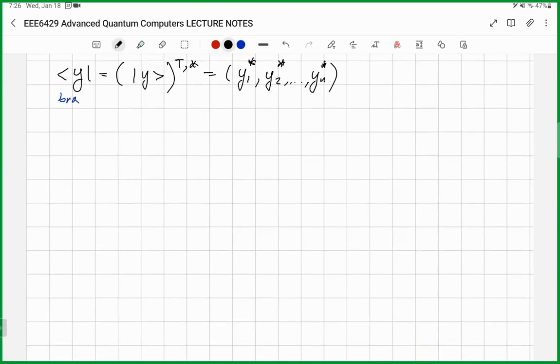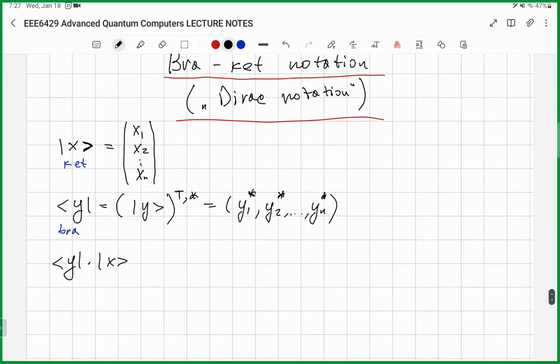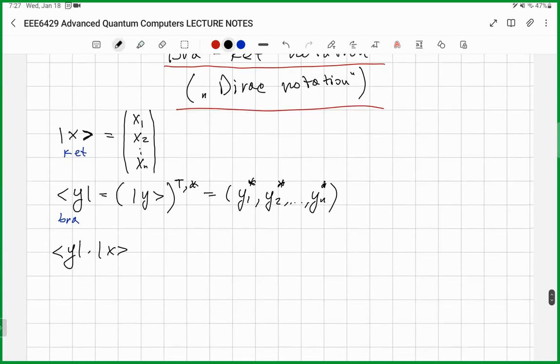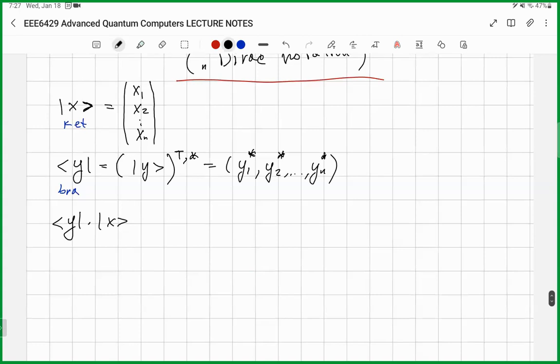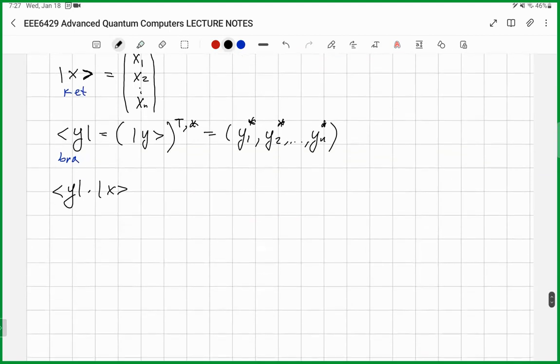So we have a bra vector, and we take the inner product with another ket vector. At this point, you see why this terminology: this inner product makes the word bracket, right?